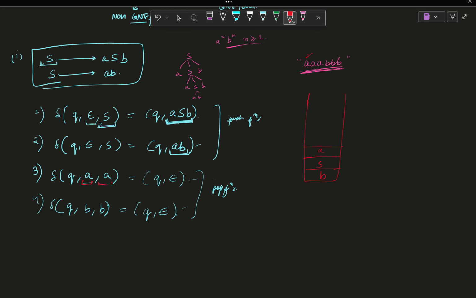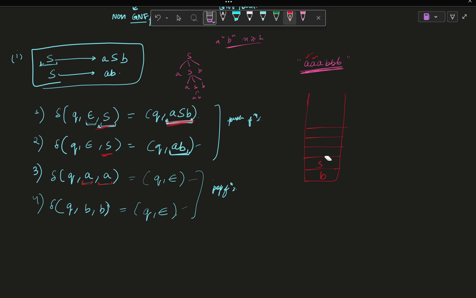So when there is nothing to input and there is an A on top of this A, we are going to remove this A, and then we are going to add B S A again on top of S. So when there is S, we add A S B.